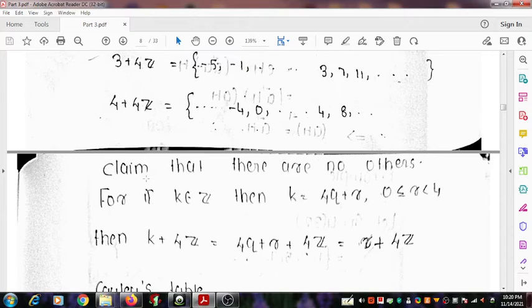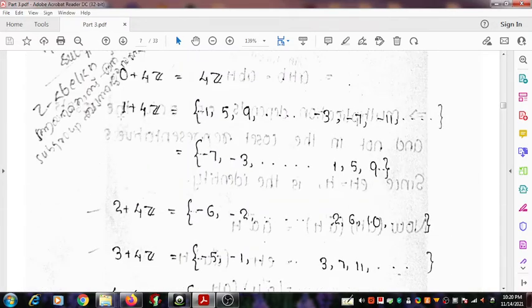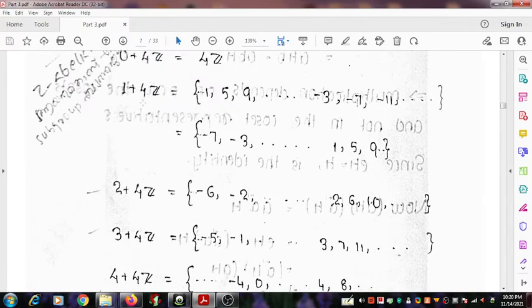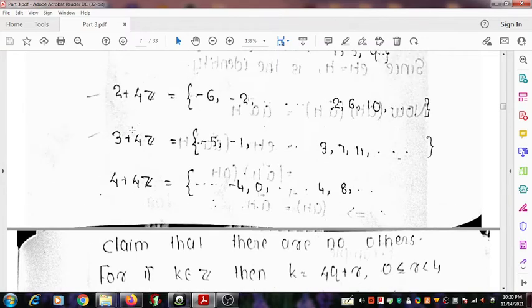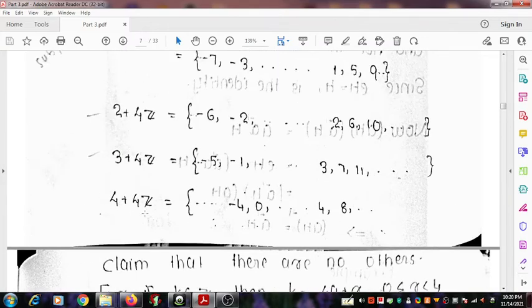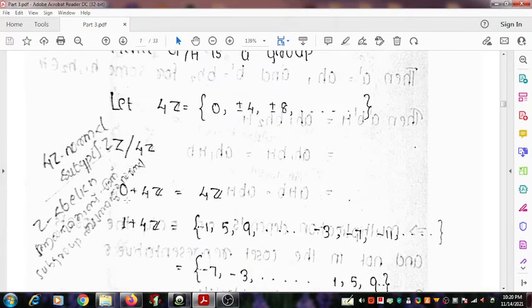All those elements will coincide with one of the four elements described here. The first is 0 plus 4Z, then 1 plus 4Z, 2 plus 4Z, 3 plus 4Z, and these are the four elements. See, 4 plus 4Z is nothing but the element 0 plus 4Z.